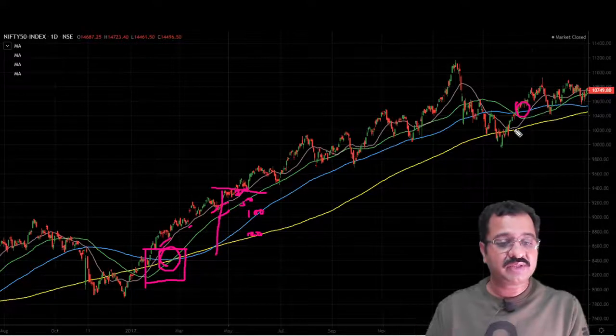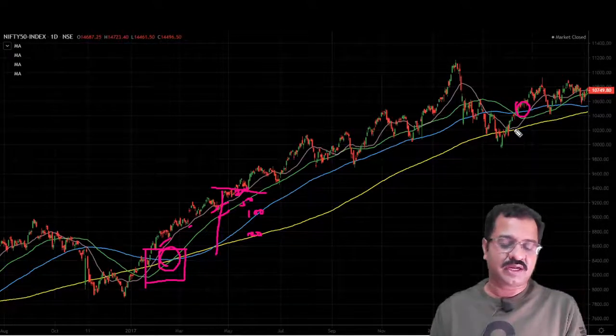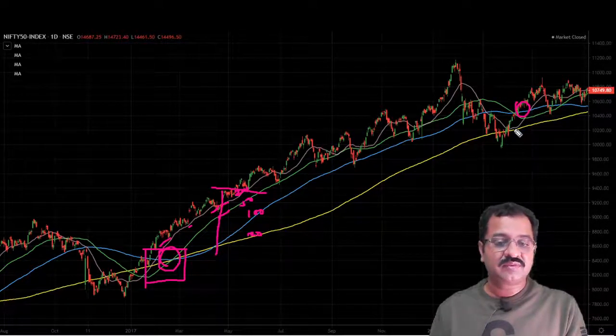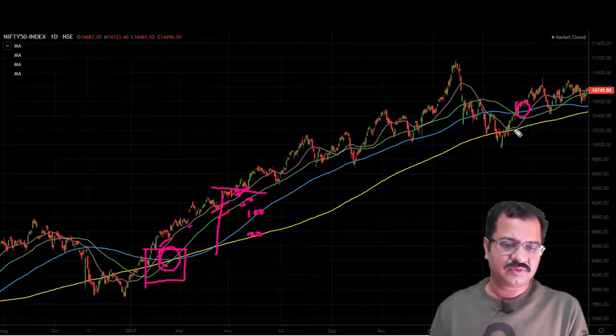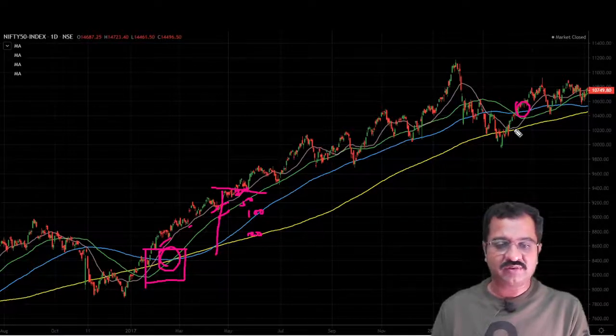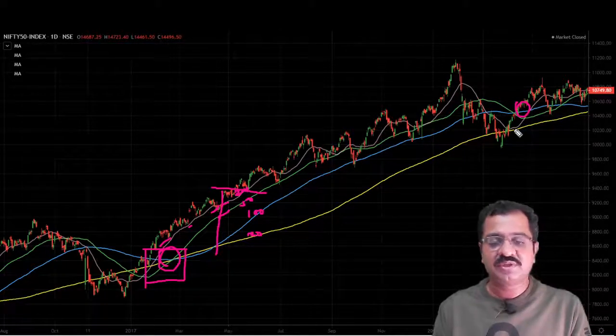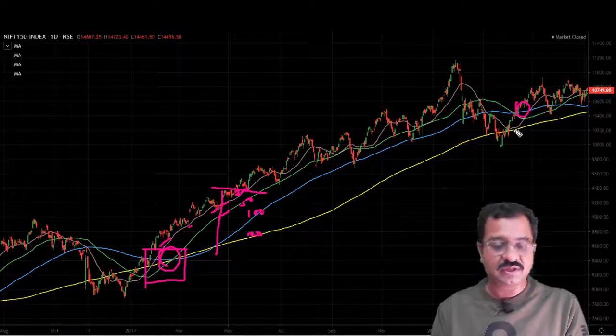You should see many charts, observe how they work, and you should create very clear mathematical rules, based on calculations, that okay, when they start expanding, if this much expansion happens, then enter.